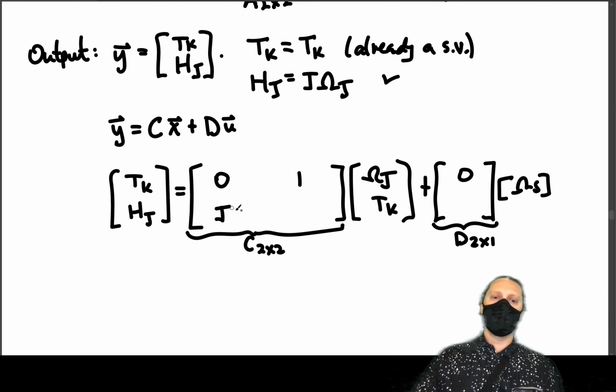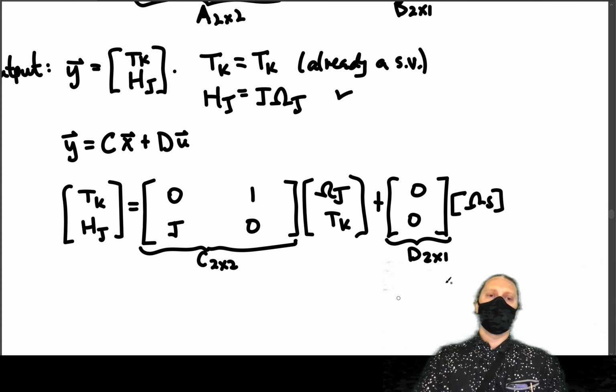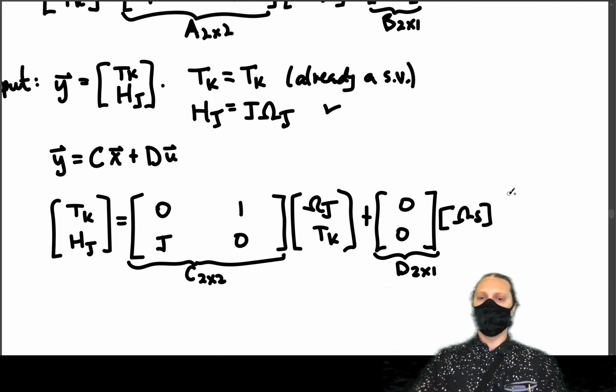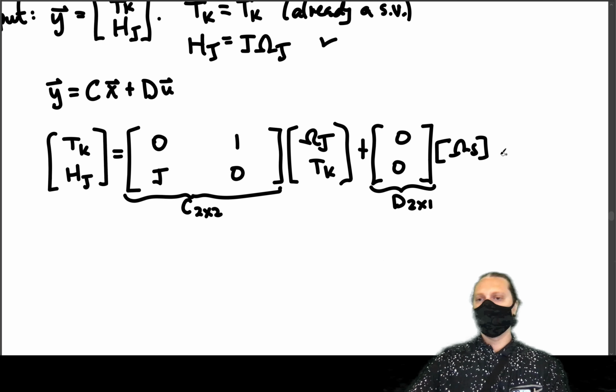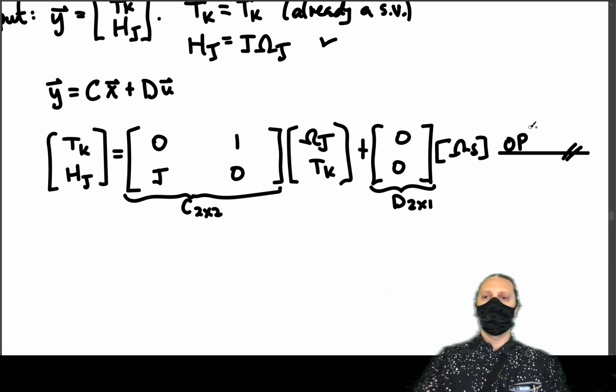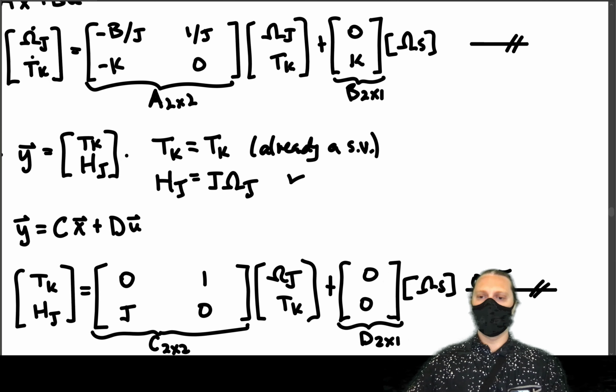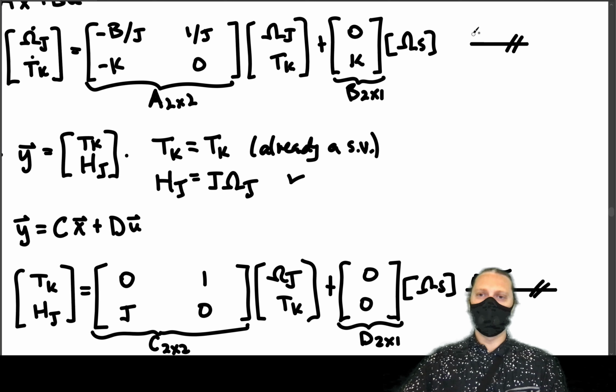So there's a j omega j, 0 Tk, 0 omega s, and we have our standard form of the output equation. So we could put like output equation. This would be the state equation.